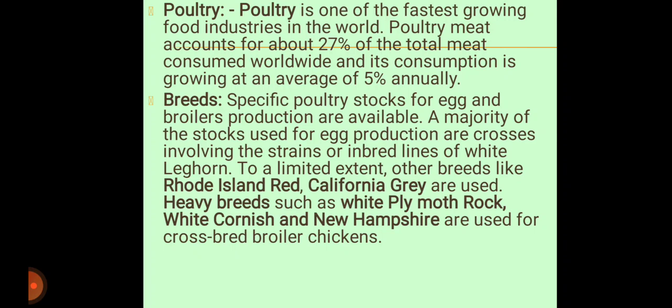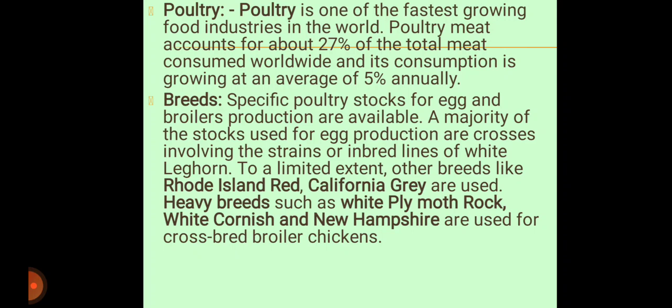Breeds. Specific poultry stocks for egg and broiler production are available. A majority of the stocks used for egg production are crosses involving strains of inbred lines of White Leghorn.